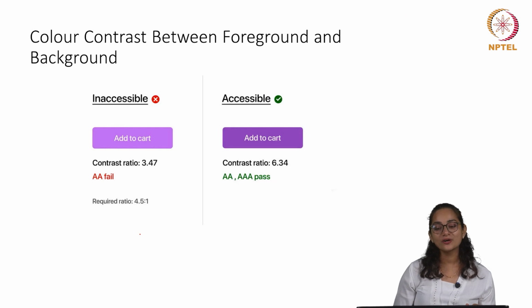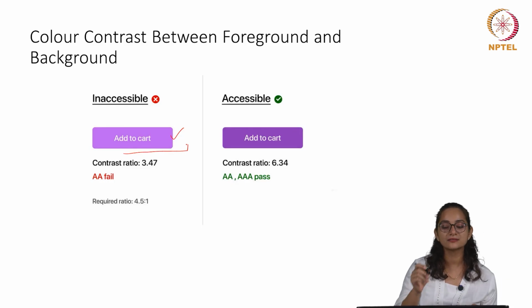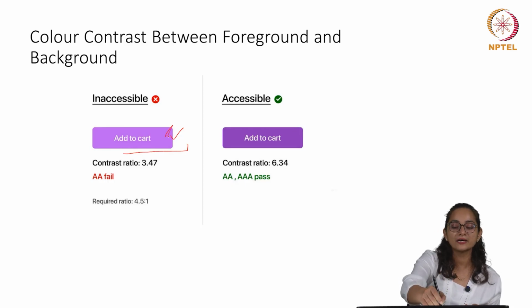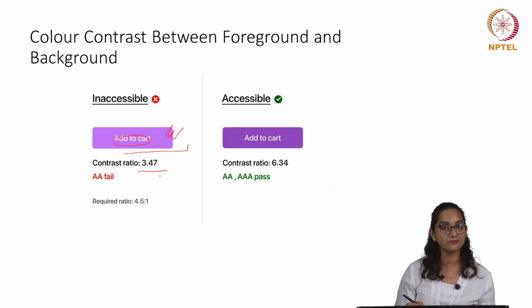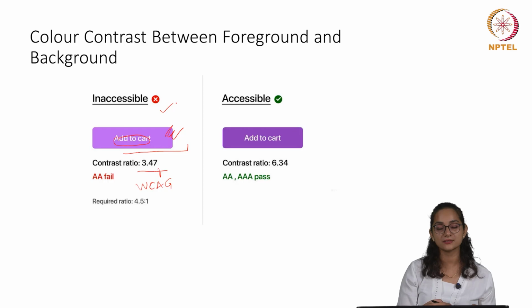So color contrast between the foreground and the background is very important. Here in this case, although it looks almost nice, the color of the background of the button and the text have a ratio of 3.47, which doesn't comply with your WCAG guidelines and thus is considered inaccessible.